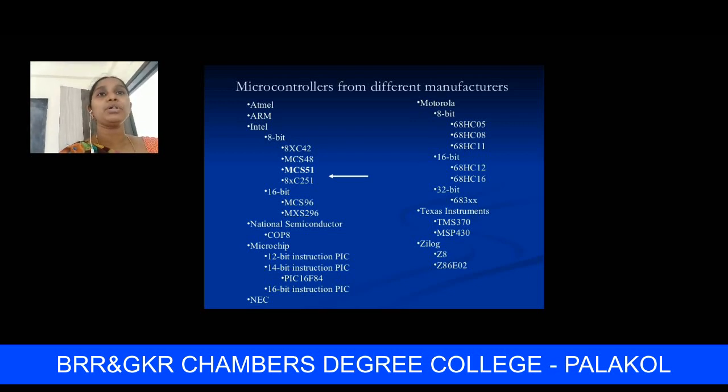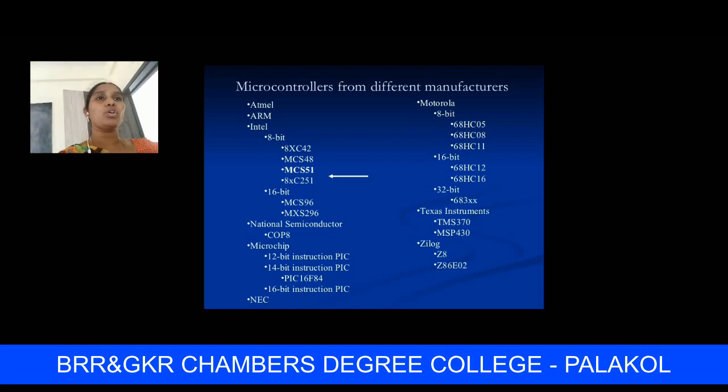Okay, next coming to the 16-bit microcontrollers: MCS 96, MXS 296. Next coming to National Semiconductor's COP8 and Microchip. Next, the 12-bit instruction PIC, 14-bit instruction PIC, PIC 16F84, 16-bit instruction PIC, and NEC.